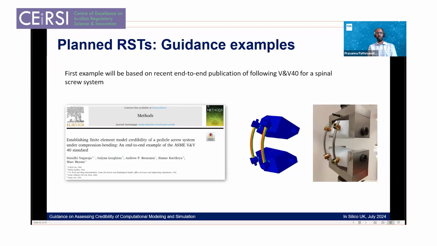It's a very nice example of how to follow V&V40 for a spinal screw application, but it's not intended to be just for orthopedic modelers. It has much broader relevance to the community because it is a nice example that can be followed, and we're going to convert that into a separate document that demonstrates how to follow the guidance using the same model and same results.